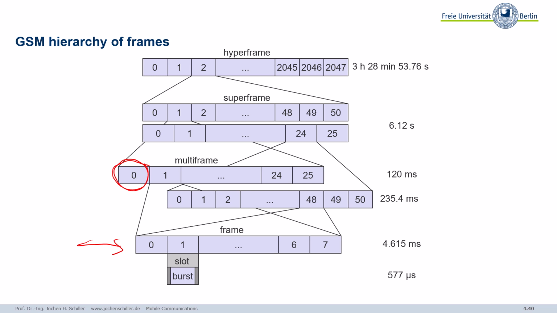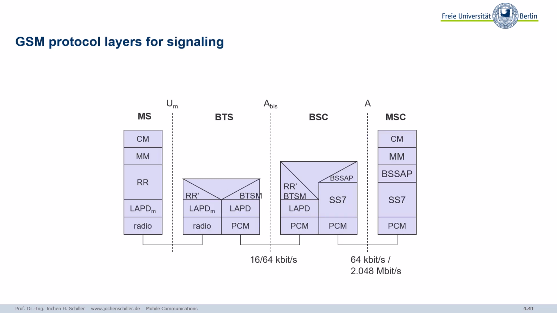Okay, so now we saw a bit of the multiplexing. And as you know, and are used to in all the communication systems, GSM also specifies many communication protocols. Once more, we will not go into the protocols, just for an overview. I already talked a bit about the Um interface. That's our radio interface.